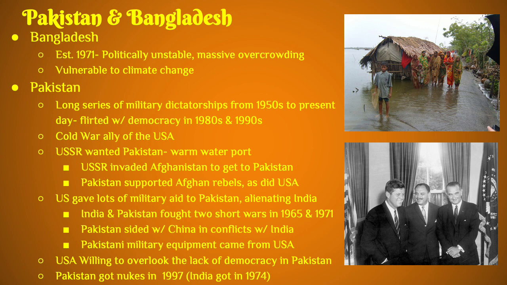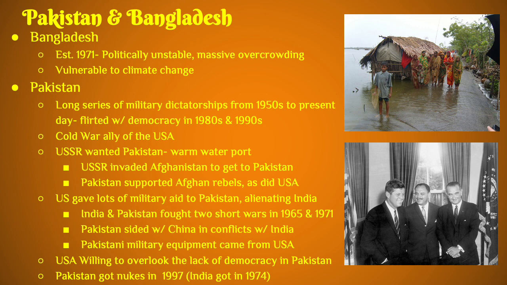We gave tons of military aid to Pakistan, which understandably alienated India, right? We were giving them military technology to be able to defend themselves against the Soviets, but the Pakistanis then turn around and they use that military equipment against India, and that understandably made India a little frustrated with the United States.